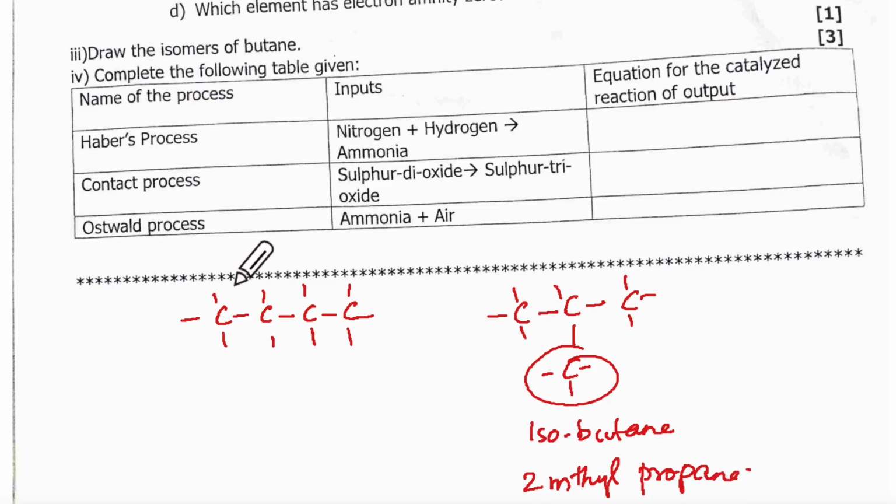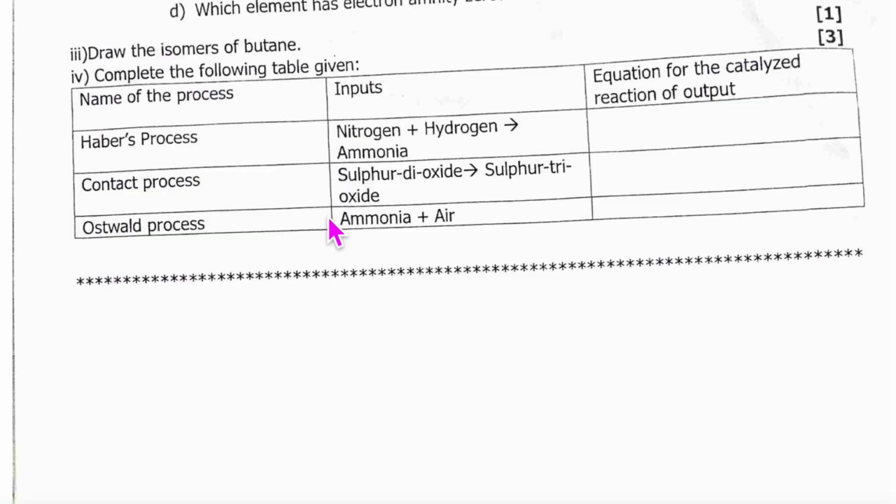Understanding? Excuse me, ma'am. Do we have to write both the names or only the IUPAC name? Now, what did I write? There's no harm in writing the isomer's IUPAC name as well, because they say isomer, right?